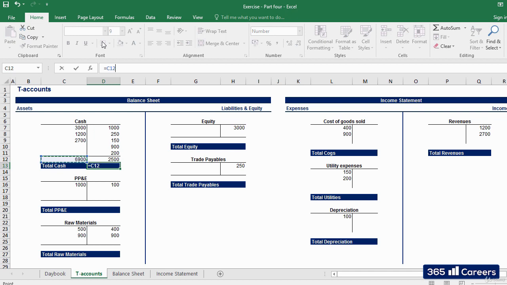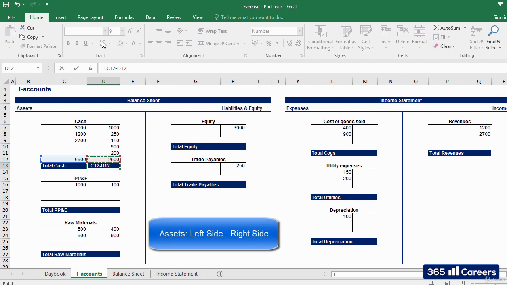The sum of the left side is 6,900, while the sum of the right side is 2,500. In order to obtain the final balance of the account, we need to take the difference between the two sides.